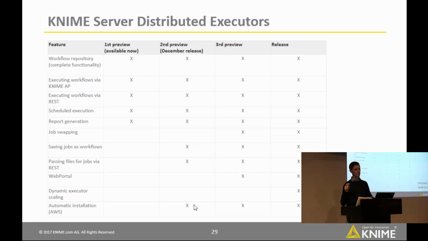That means you can just launch that into your AWS installation and get started and start testing, see what you like, and let us know what you think of that. And then the third preview will come next with the web portal functionality, and at release we'll be able to do dynamic executor scaling and a bunch of other stuff as well.